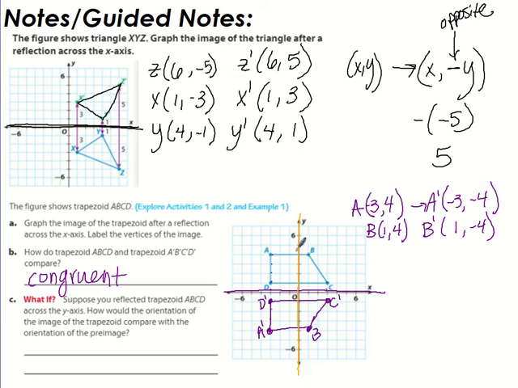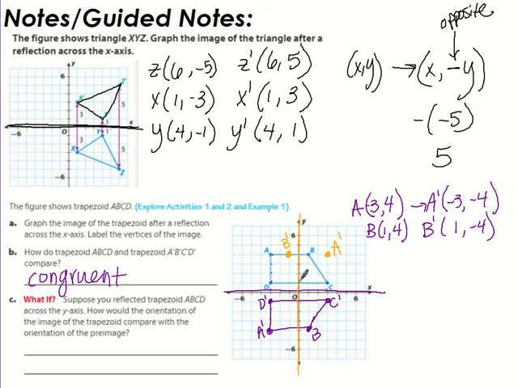So B is on the right-hand side. It now needs to move to the left-hand side with the same distance, 1 and 1. A is on the left, so now I need to flip it to the right. 1, 2, 3, 1, 2, 3. Same with C and D, they need to flip.